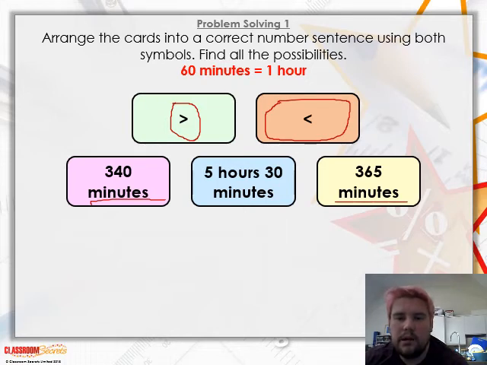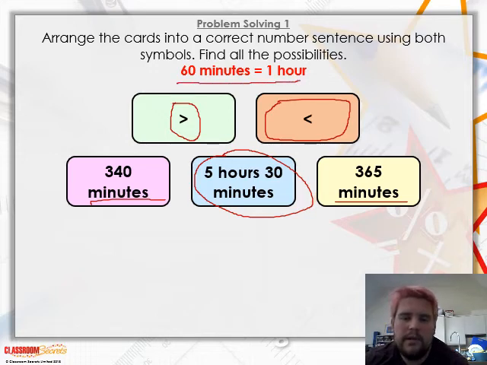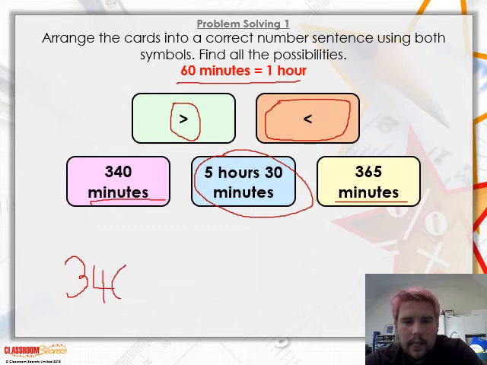So a logical start would be turning 5 hours and 30 minutes into minutes. We know that each hour there are 60 minutes, as I've given you at the top here. You need to work out what 5 hours is in minutes, then add another 30 on. So for example, this is not the answer, this is just randomly what I'm going to use. I'm going to say 340 minutes is greater than 365 minutes.